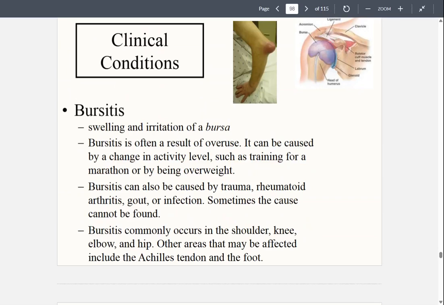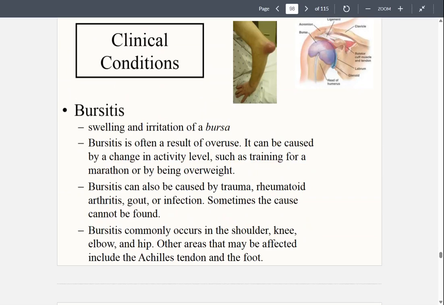You go from not lifting to lifting 25 pounds over and over and over again. You go from not running to all of a sudden running 10 miles a day. That's a typical presentation for sudden changes in activity, but also if I play tennis every single day for several hours a day, that would be an overuse injury.